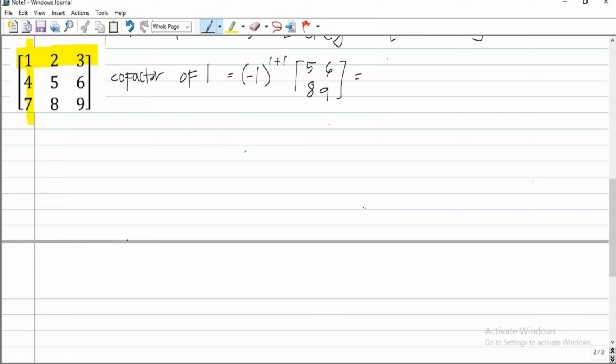So, that is equal to negative 1 raised to 2 is 1. Multiply that by 5 times 9 is 45, minus the product of this, 8 times 6. So that is equal to negative 3. Nagets? Subukan natin. Ay, i-resume ko muna ito.